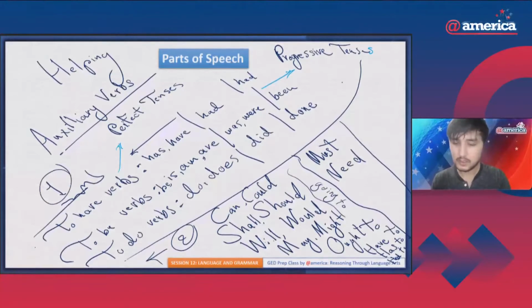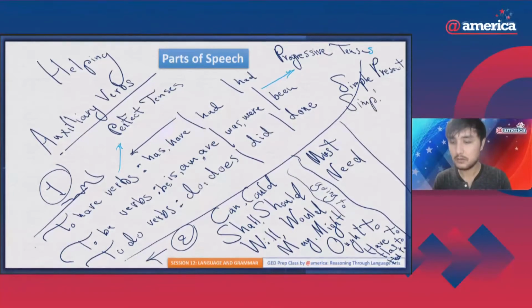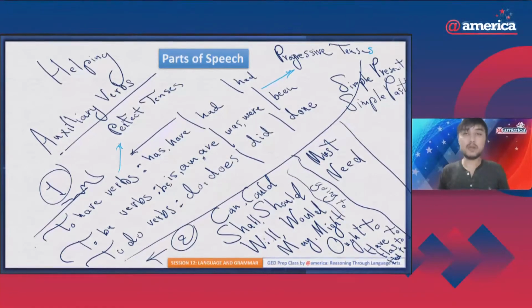So for simple tenses, specifically simple present and simple past, because usually in simple present and simple past, you only have the subject, the main verb, and the object of the sentence.